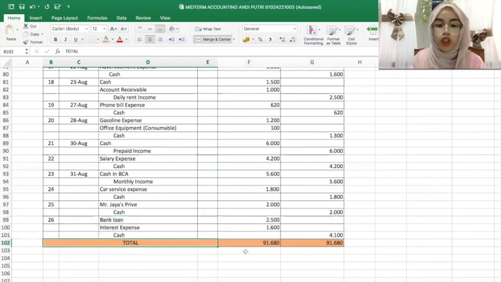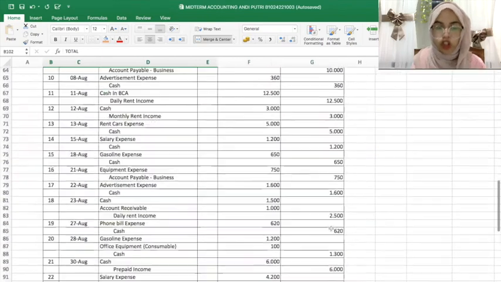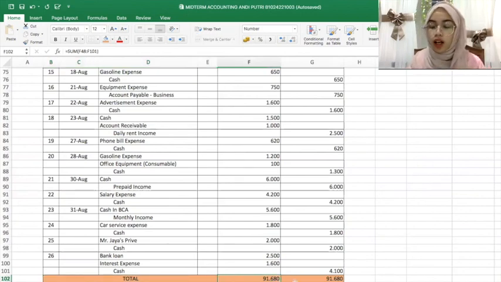And the total for every transaction in August, from the first transaction to the 26th transaction in August, the total for the debit and credit is 91,680 rupiah for both debit and credit, and it is balanced.